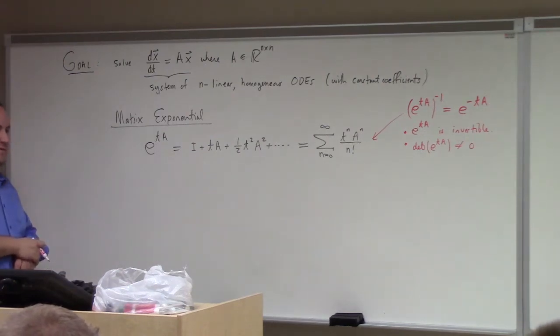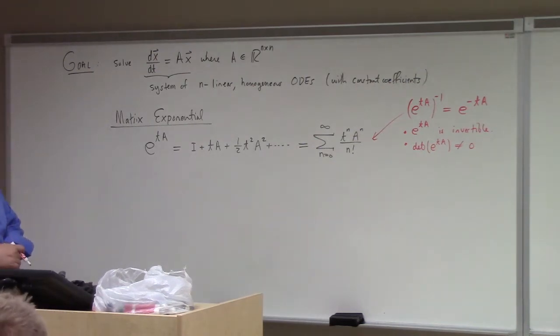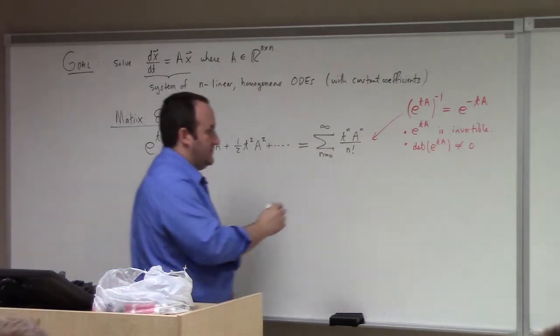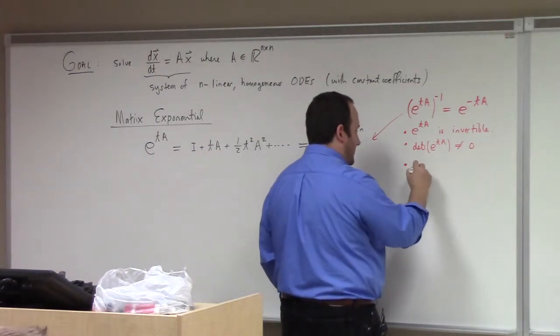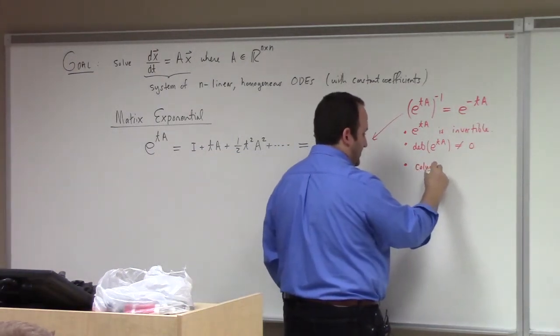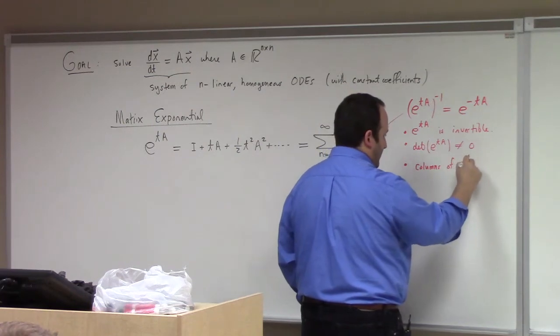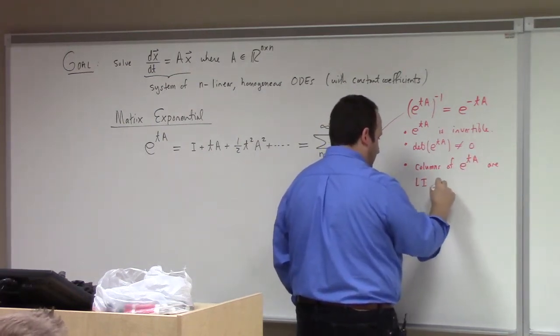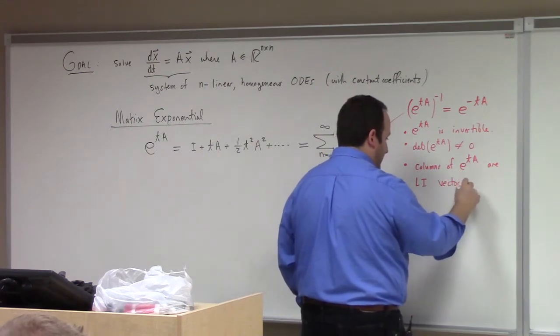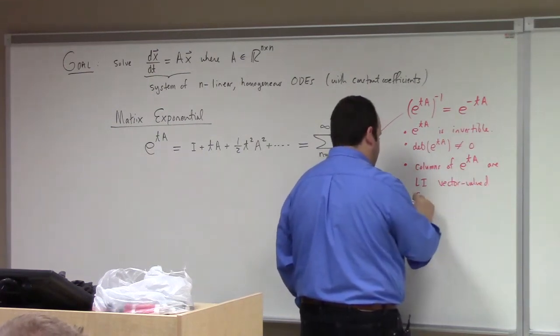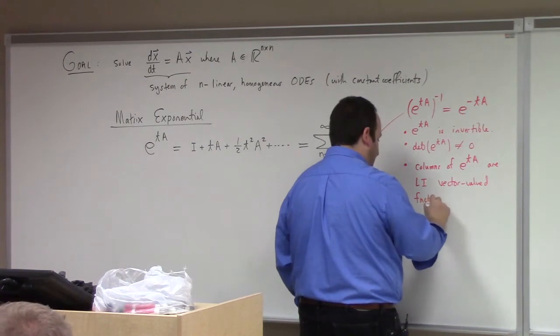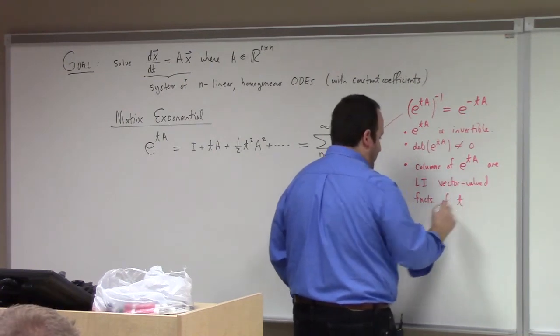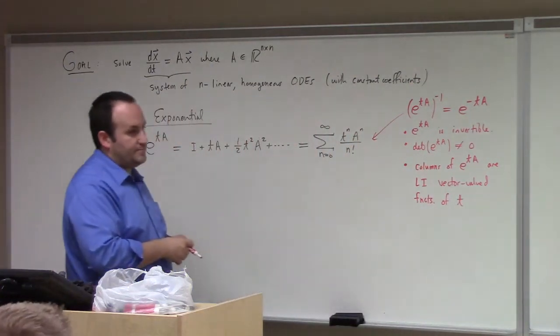What's that mean? Well, that means that if we look at the columns of the matrix exponential, they're linearly independent functions. So this then implies the columns of e^(tA) are linearly independent vector valued functions of time, which means that they might be solutions, right?